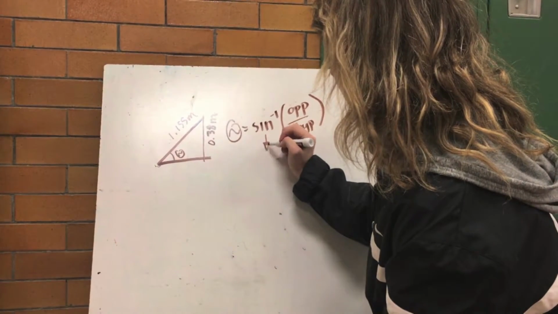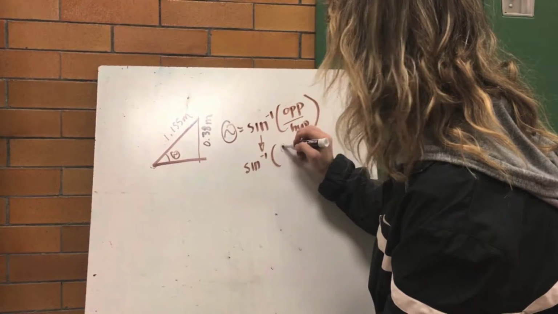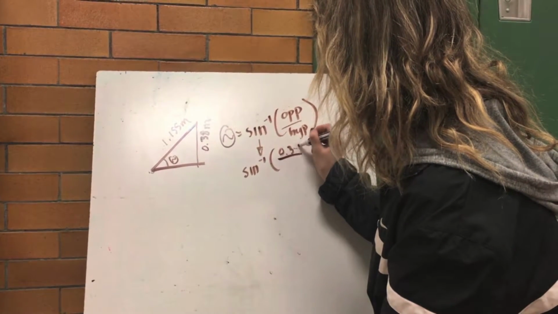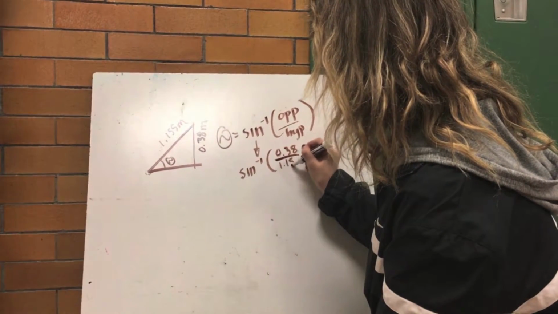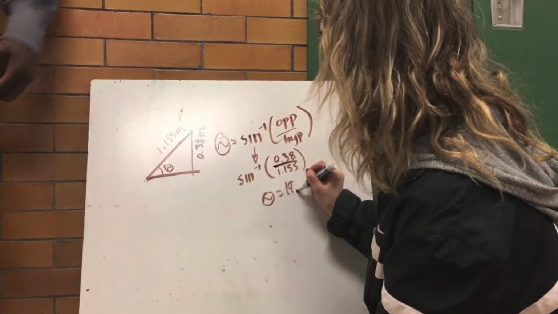So we do sine inverse of 0.38 over 1.155, and for theta we get 19.21 degrees.